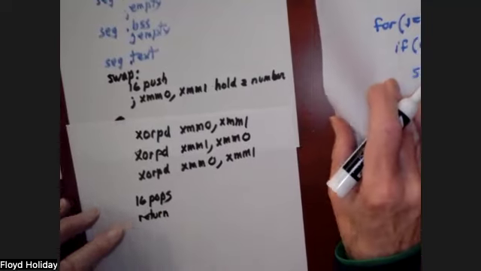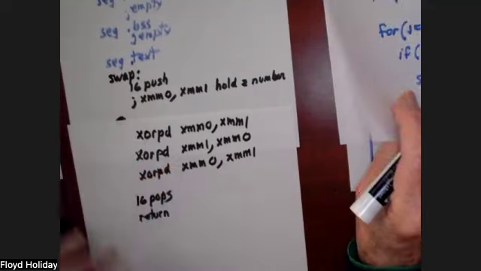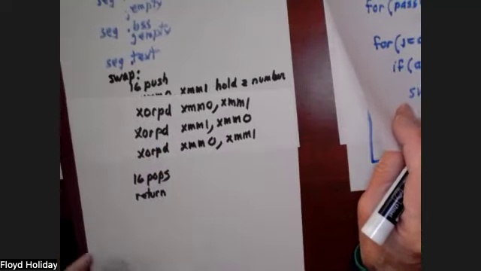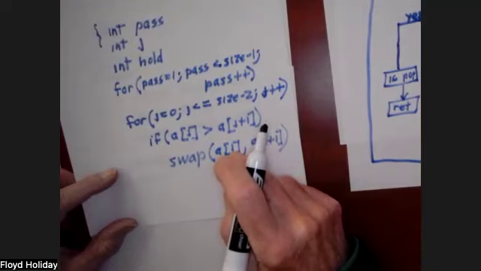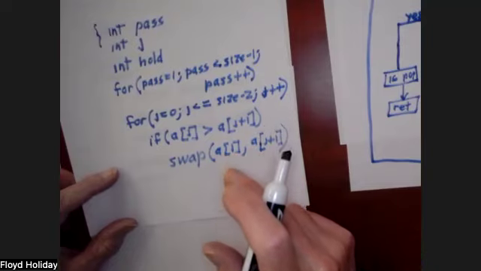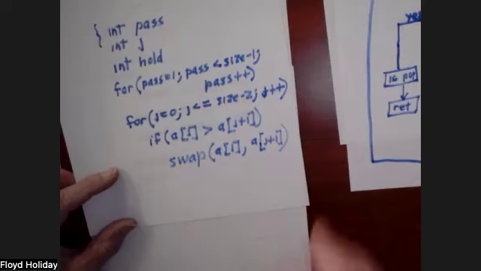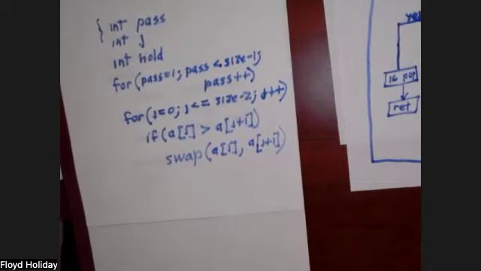XMM0 and XMM1 have the opposite values than when they started. But does the array that's full of float numbers get it back? I don't think so. It doesn't sound right.